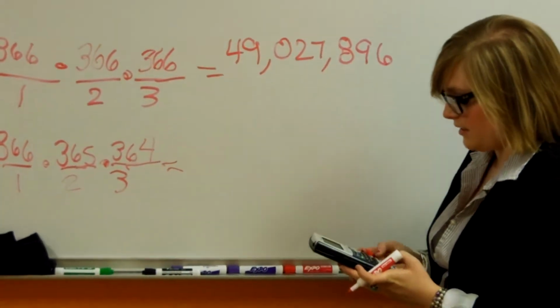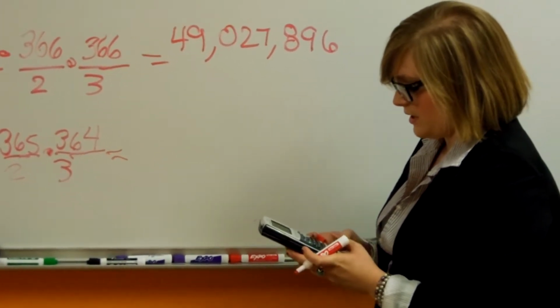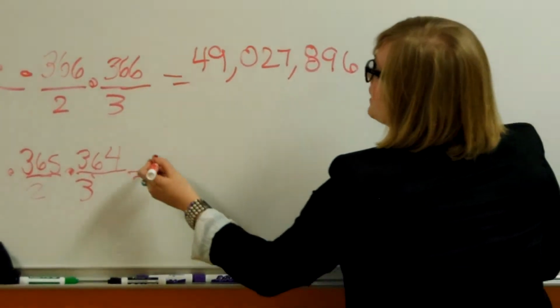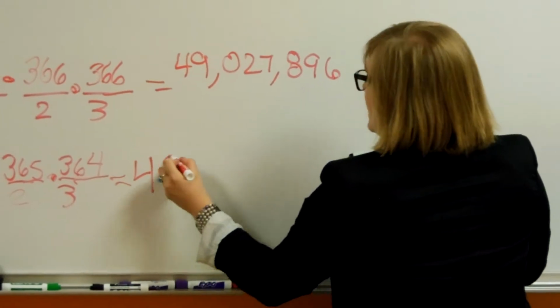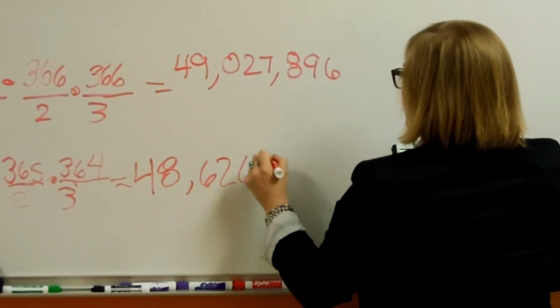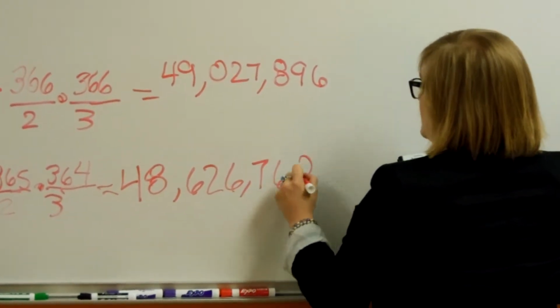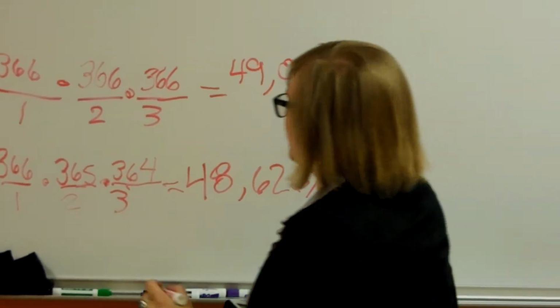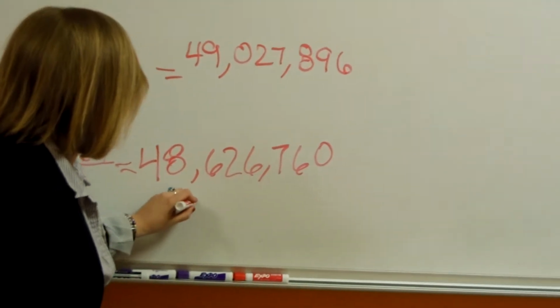So let's put that into the trusty calculator. And now we have 48,626,760. So obviously that's down more. This is for not a match.